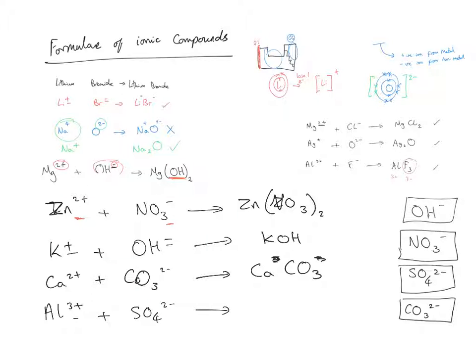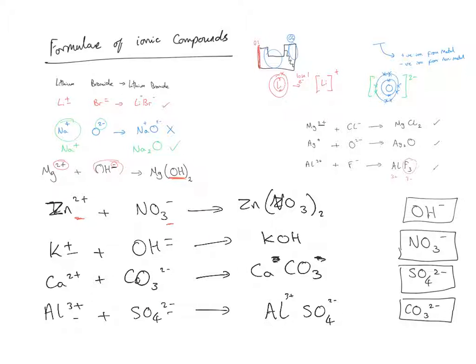However, this one does not match. Now, I need the same number of charges on both sides. So if I did this, I've now got 3 positives but only 2 negatives. This isn't correct. If I double the amount of sulfate, I've then got 4 negatives. Now the lowest common multiple for these both is 6.